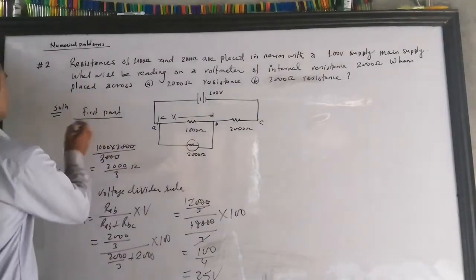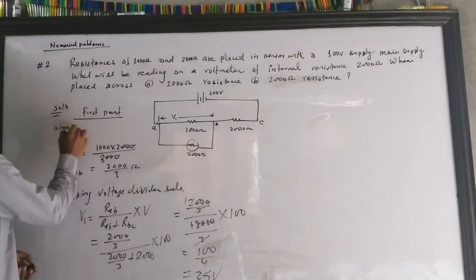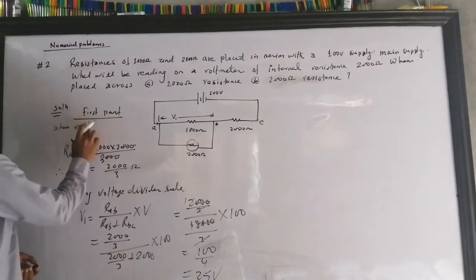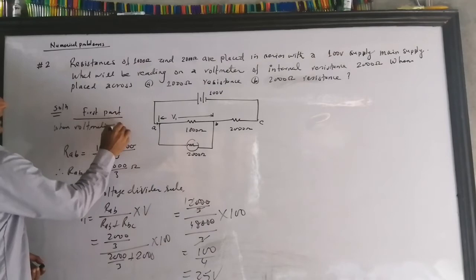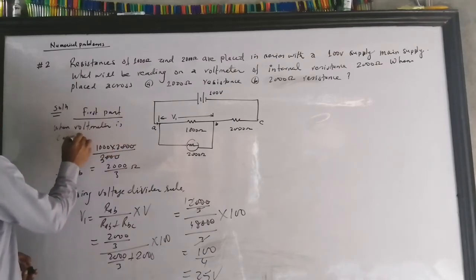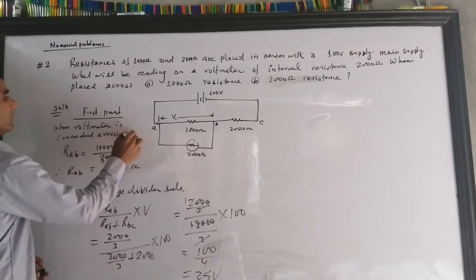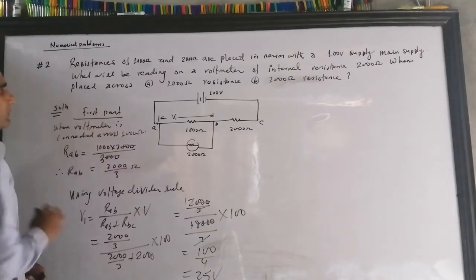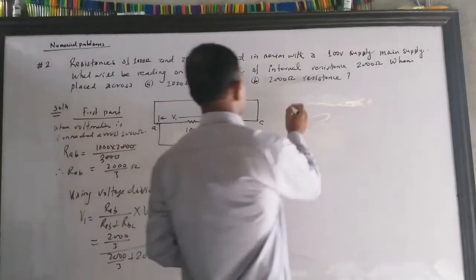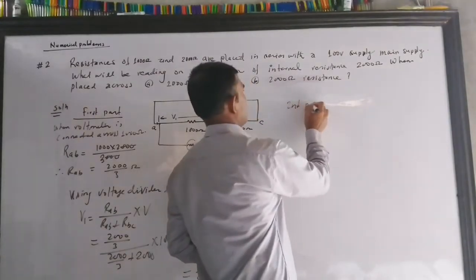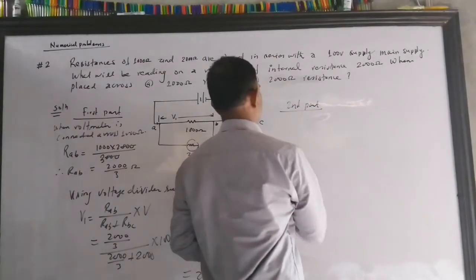And this is the first part: when the voltmeter is connected across 1000 ohm. Tell me, what should be the second part? The second part is also very easy.